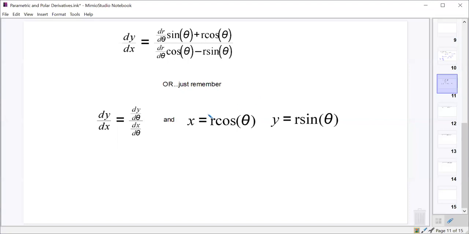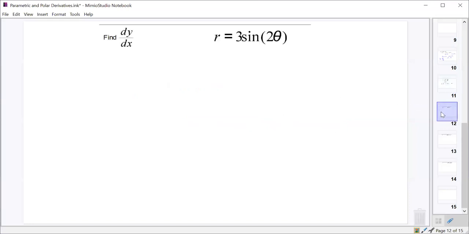But I think it's probably easier than remembering that formula to just remember that x is r cosine theta and y is r sine theta, and to find dy dx, just take the derivative of y with respect to theta and divide it by the derivative of x with respect to theta. Good or no? These ones get pretty convoluted and complex too, because your r cosine theta and your r sine theta pretty much always have the product rule already built into them when you're doing all these derivatives, so they get to be a little bit of a mess.